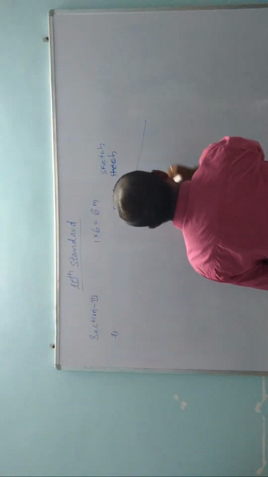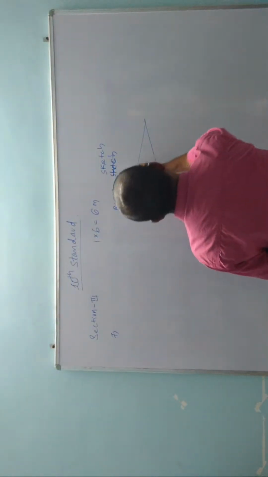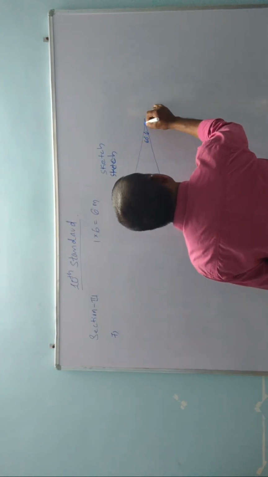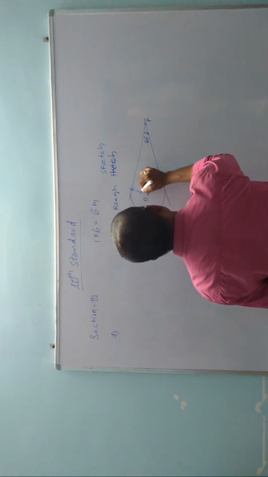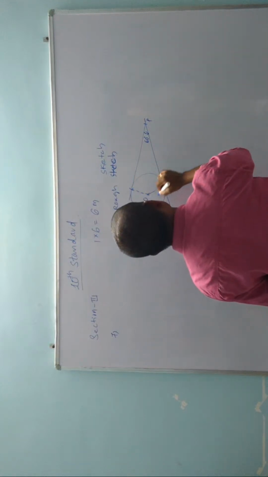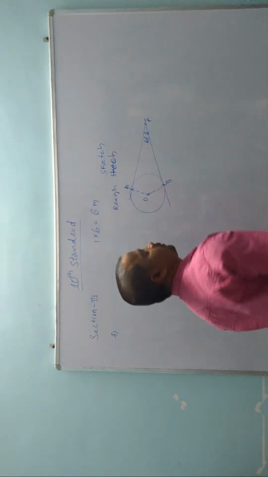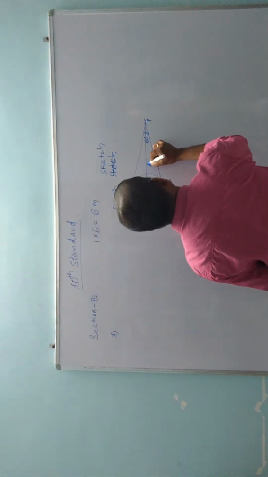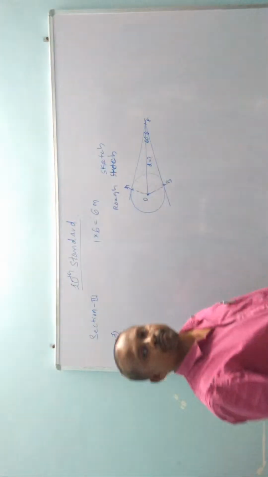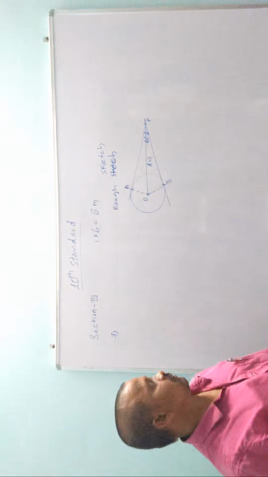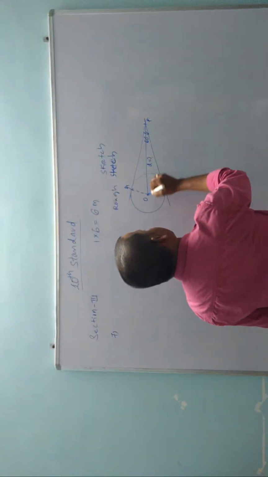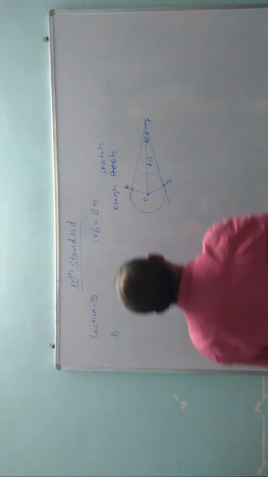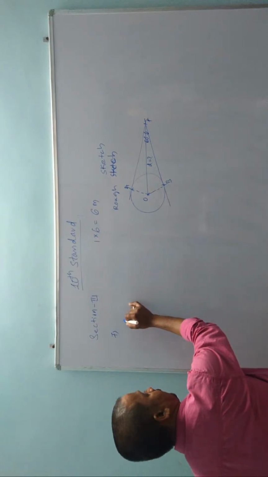Consider it P, and this is O, with a dotted line AB. PA and PB are the two tangents. Here the distance from the center to the point is not mentioned, so first we have to find the distance OP.